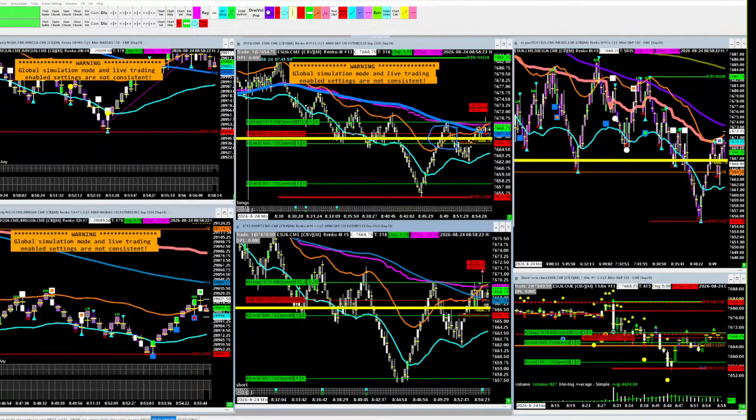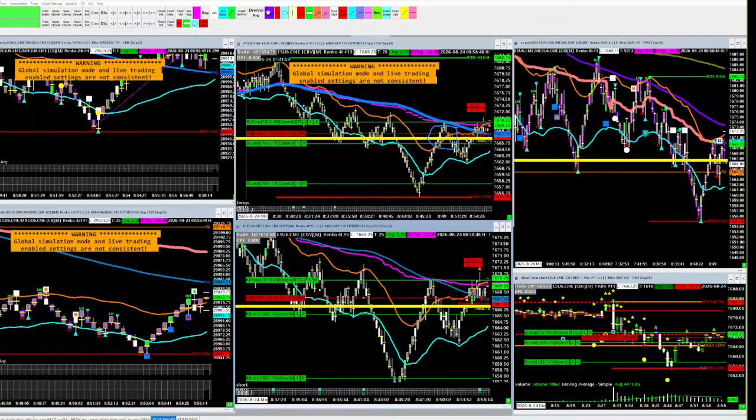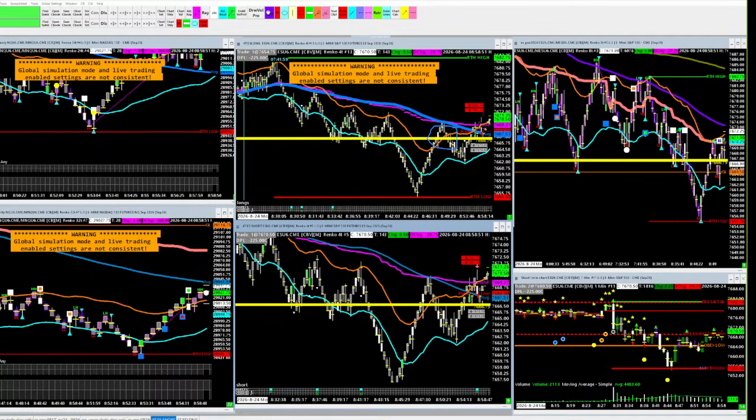They're trying to hold that big gamma level, which is fine. Pegged. Trying to reverse it. Look at NQ.